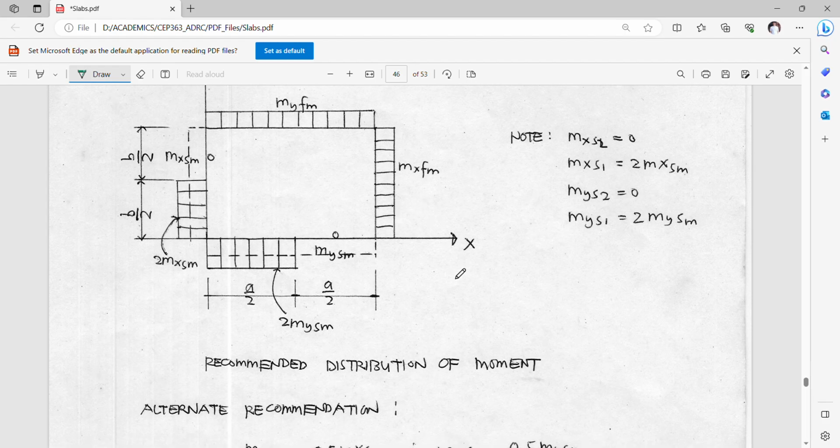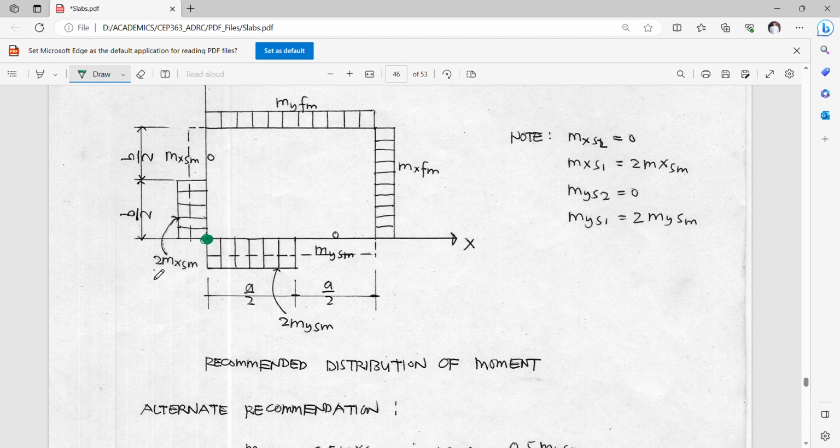But in this case, the support will allow more energy to be absorbed, so then instead of averaging, we can come up with concentrating your moment at the mid-half meter of the support by multiplying the average negative moment here by 2.